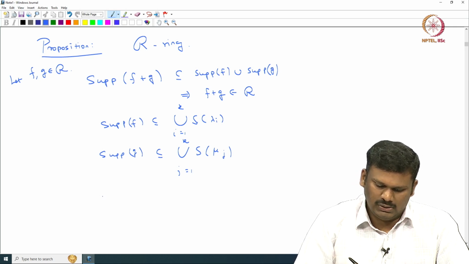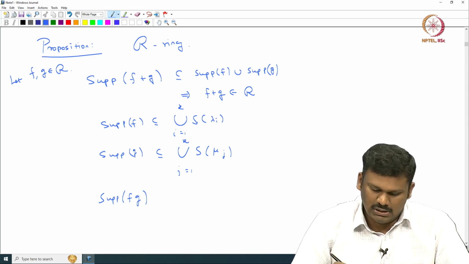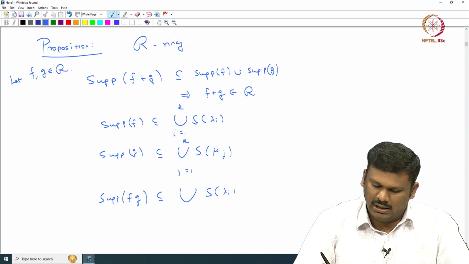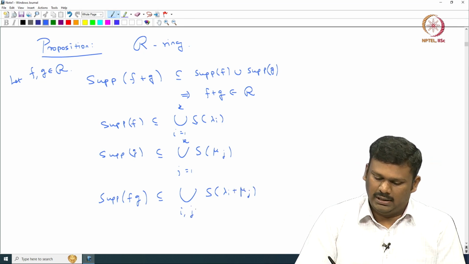Then it is easy to see that the support of fg, because it is a convolution product, is going to be contained in the union of S of lambda i plus mu j, where i, j run between 1 and k.